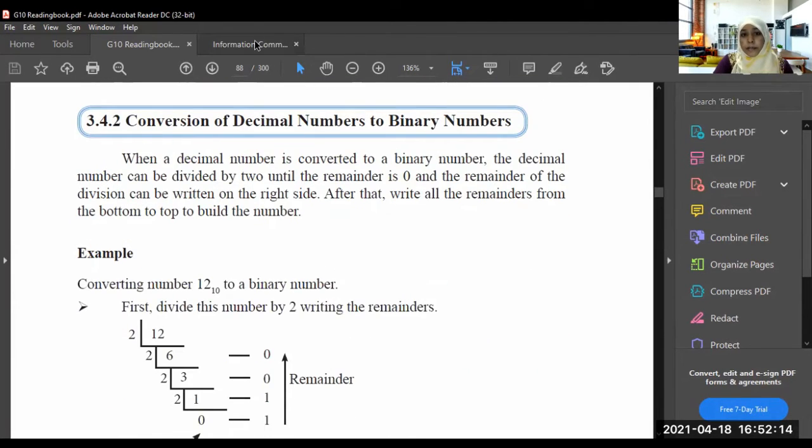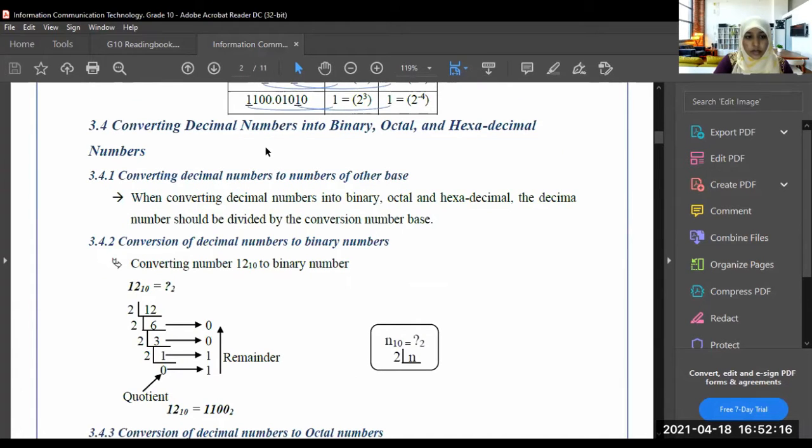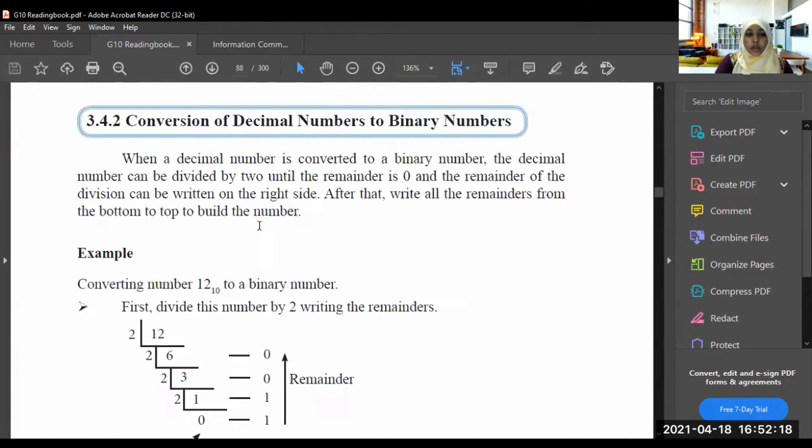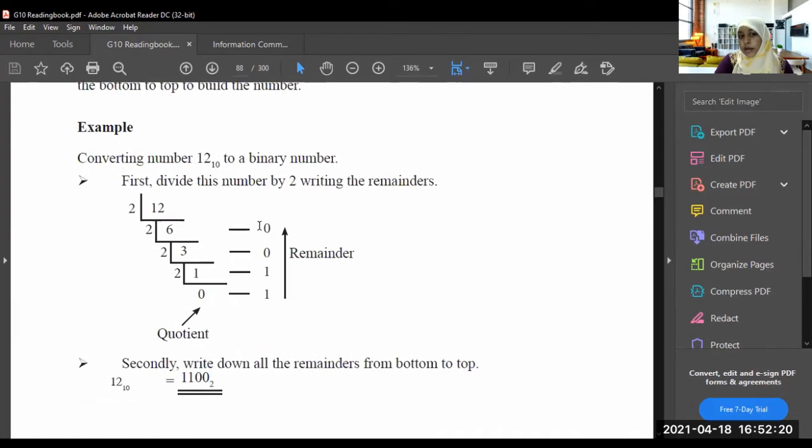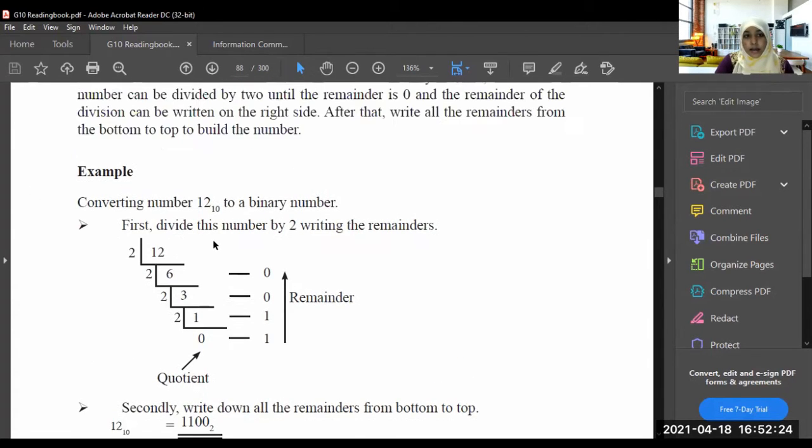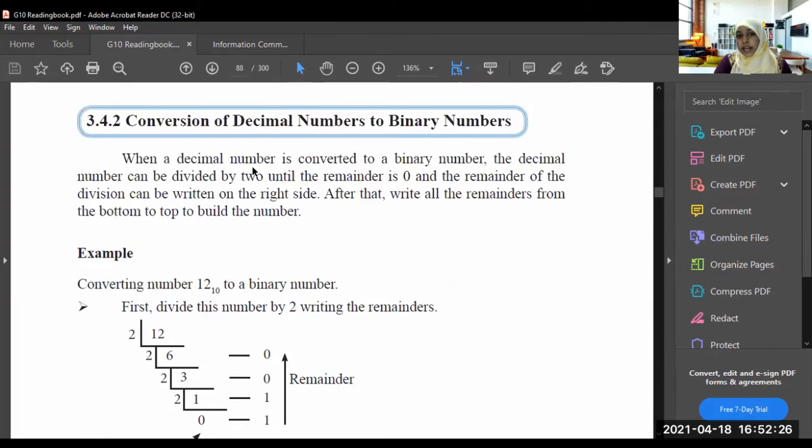Conversion of decimal numbers to binary numbers. When converting a decimal number into a binary number, the decimal number is divided by 2 until the quotient is 0, and the remainder of each division is written on the right side.